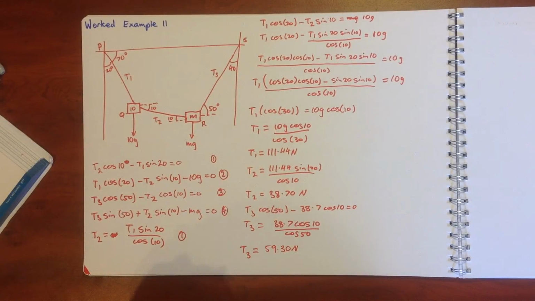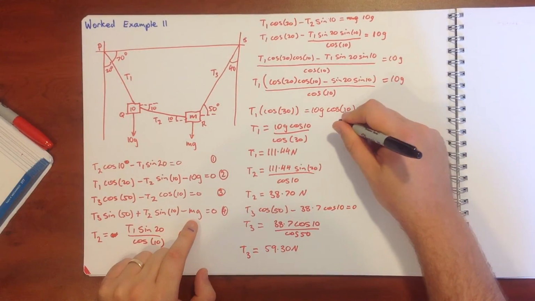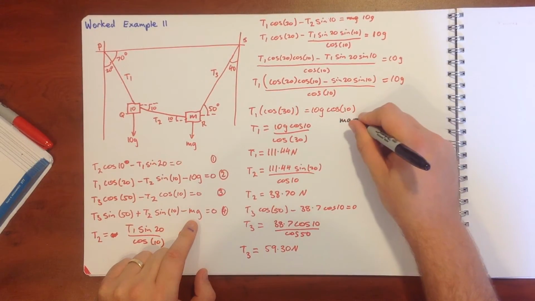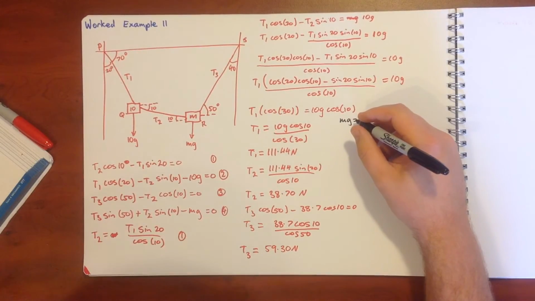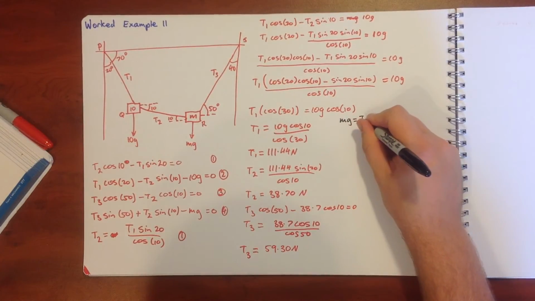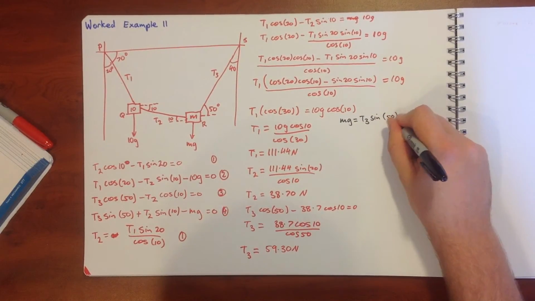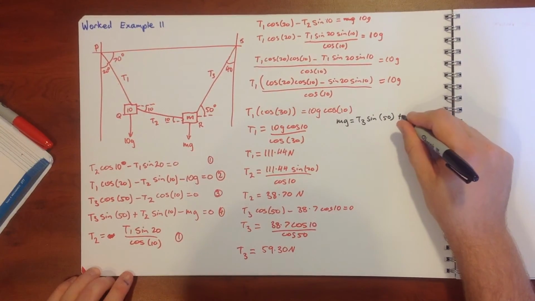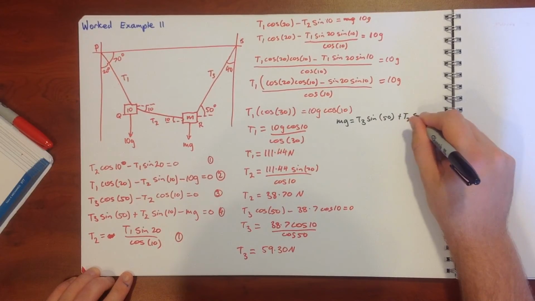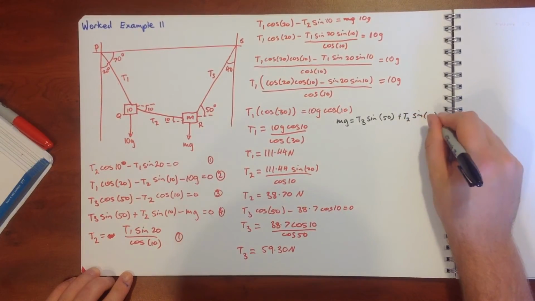I might just change textures here because I have to do it over the side. So we know that mg is going to equal our T3 sine of 50, plus our T2 sine of 10.